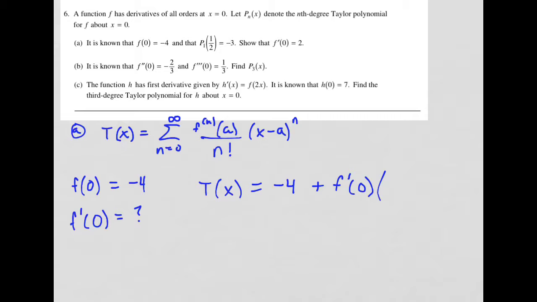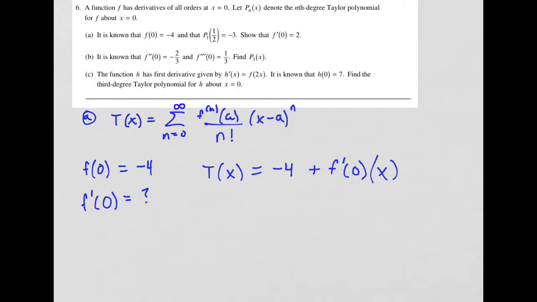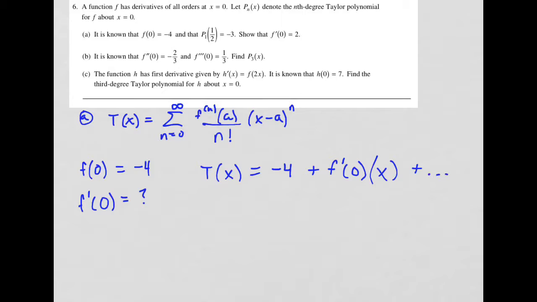And then times x minus 0 to the first power, all divided by 1 factorial, which is just 1. But this is also the first degree Taylor polynomial. This is P of 1. So if I plug in 1/2, I already know that that's going to be -3.